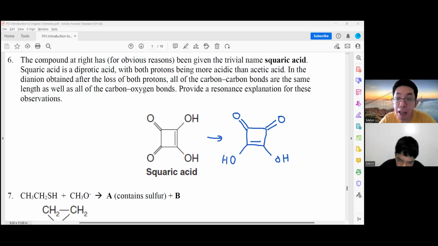Hindi, ang gagawin mo diyan, Josh, naka-dianion form na. Kasi kapag naka-dianion form, Josh, doon mo mapapakita lahat ng carbon-carbon bonds at carbon-oxygen bonds ay equal in length. Okay, go ahead.